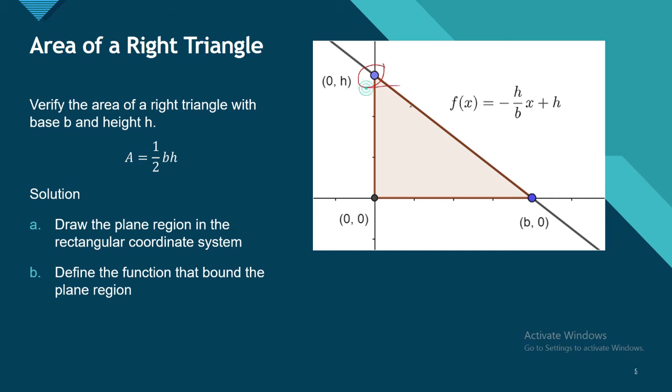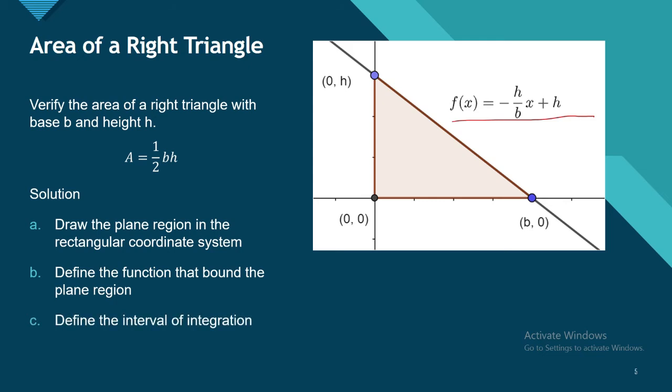This is the intercept. That is where this plus h comes from. And the slope is equal to change in y over change in x. It's equal to negative h over b. And so this is our function. Our plane region is bounded above by f of x is equal to negative h over b times x plus h.